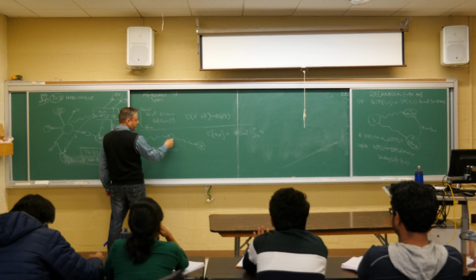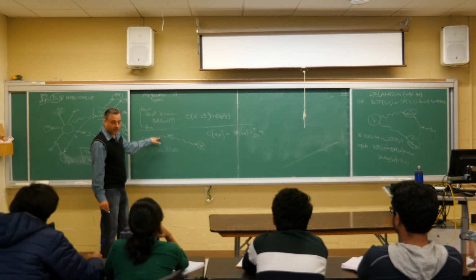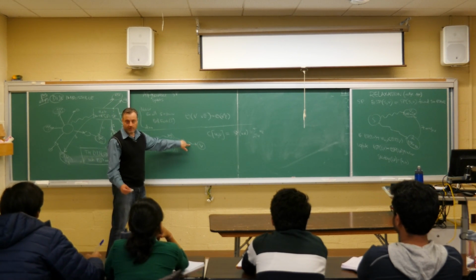that if there is an intermediary node here, let's call it T, and this is the shortest path, then this has to be a shortest path, and this has to be a shortest path. We already said this many times.